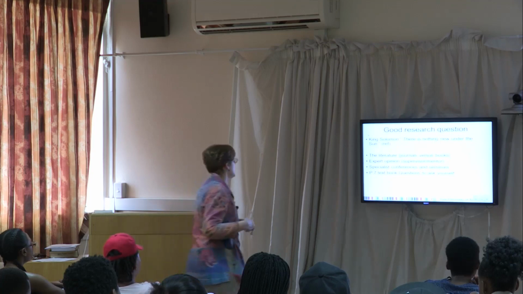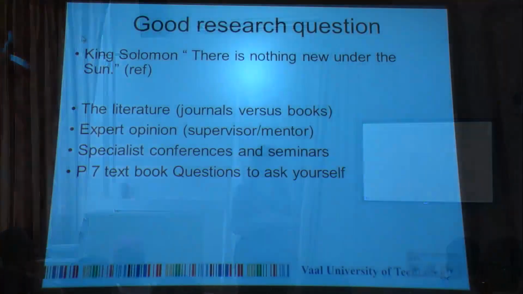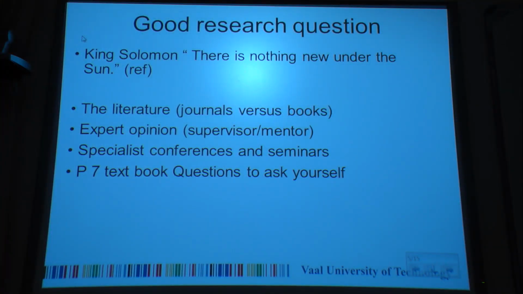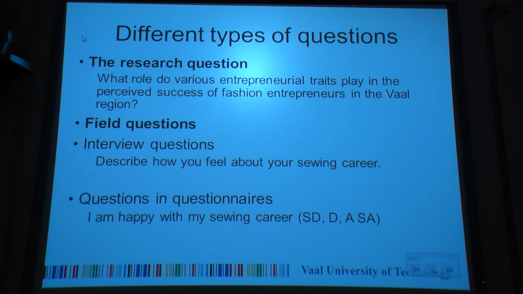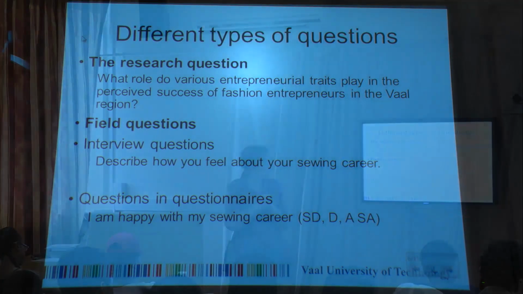All right. Then, in your textbook on page 7, there are some questions that you can ask yourself. Look at those questions. I'm not going to lecture them because they are very practical. After you have set your research question, go and look at those questions. It will help you to get a good research question. Right. I've talked a little bit about different research questions.